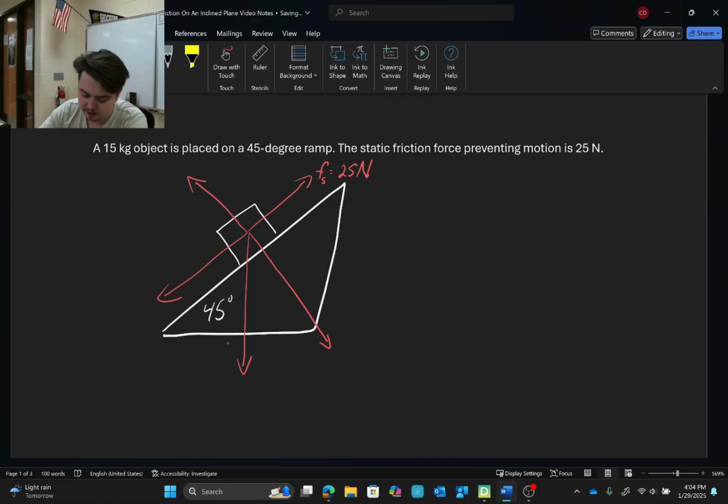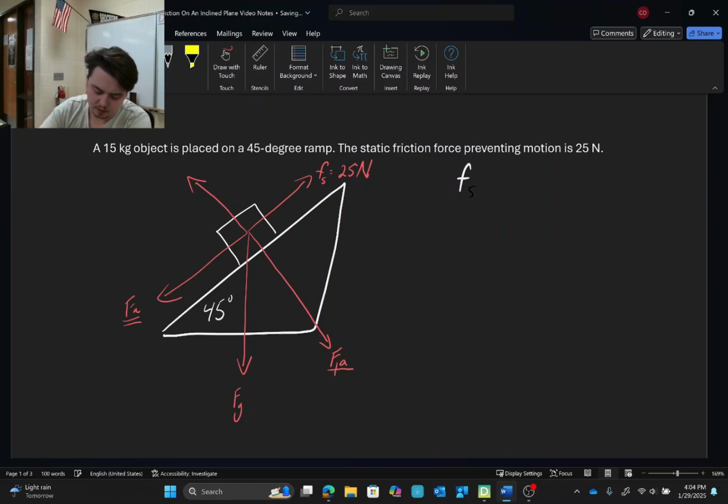And then we have the force of gravity we have to find, and then the force applied parallel, and then the force applied perpendicular. English is a rough language, let me tell you. We are going to find those the same way we found them last time.